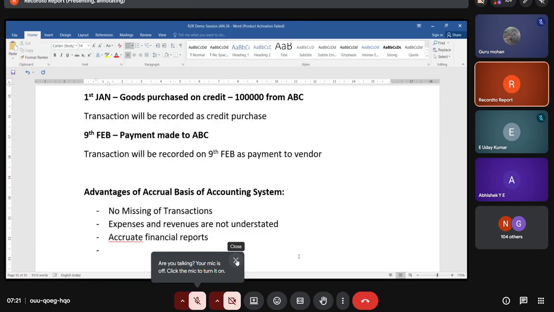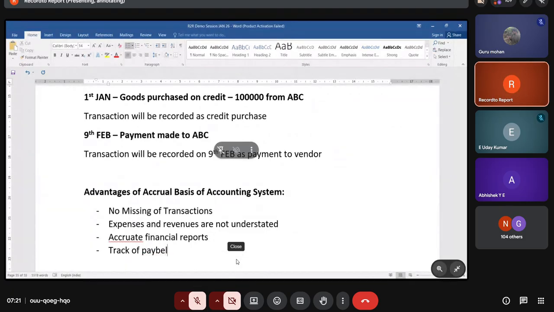Track of payables to trade vendors: what is the amount we need to pay to trade vendors, we are able to track properly. And track of receivables from trade customers.